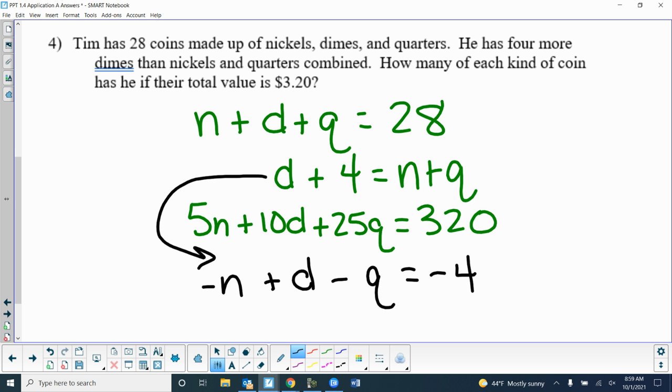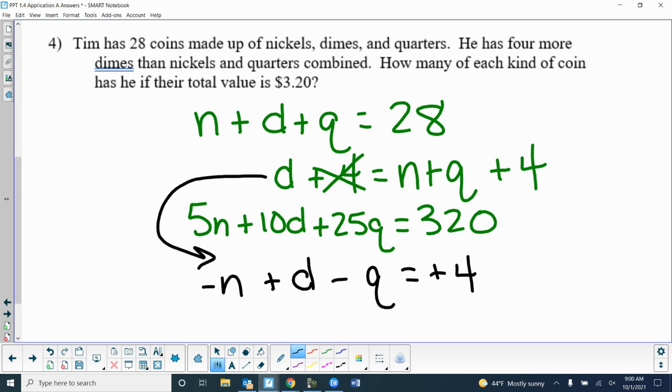So I did write that wrong. This 4 should have been on the other side. So this 4 here is what? That's a positive. Yeah, I was getting in a hurry. That makes sense? The number of nickels and quarters combined, plus 4 is the number of dimes, because the number of dimes is 4 more than nickels and quarters together. All right, so that's a common mistake because I was in a hurry.